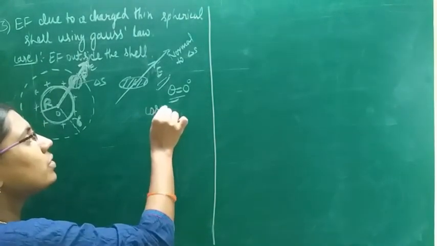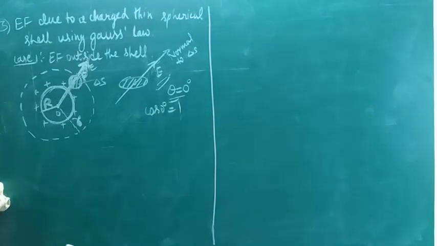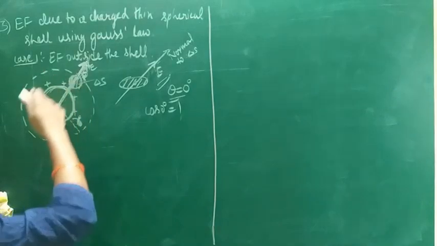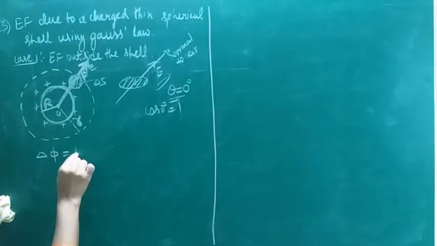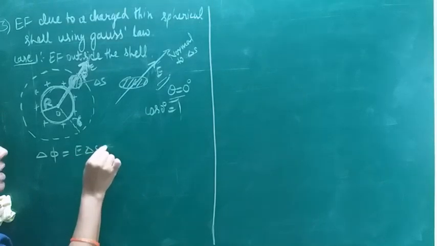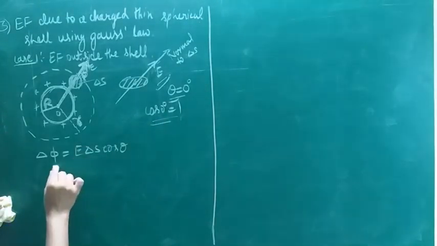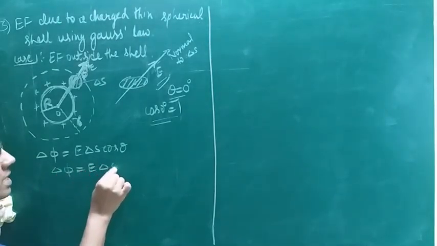Therefore, cos 0 degree will be equal to 1. So the electric flux due to the spherical Gaussian surface is given by delta phi is equal to E into delta S cos theta. Here cos theta value is 1. Therefore, we can write delta phi is equal to E into delta S.